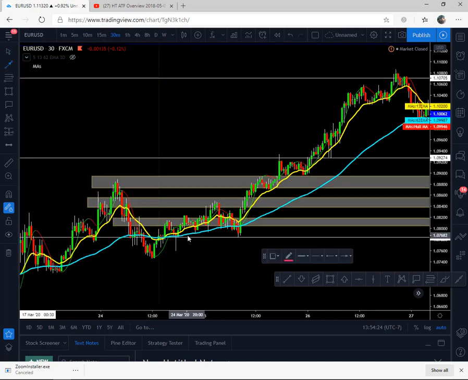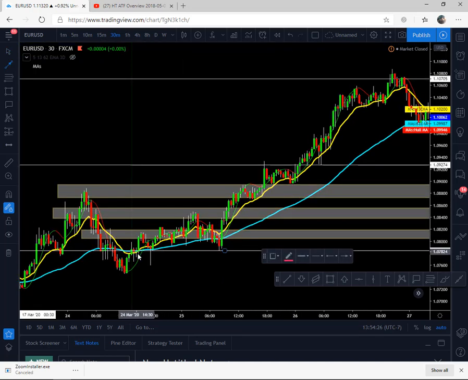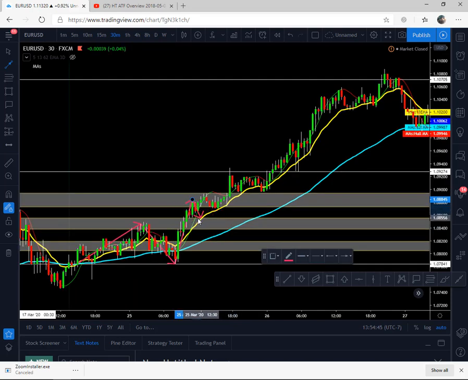So essentially, we had our 1362 cross here, and price started to move its way up, making higher highs. The cool thing about drawing these lines is that you can see how price respects the support and resistance lines.